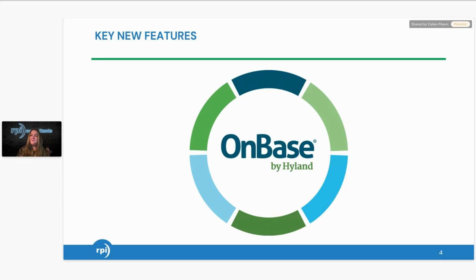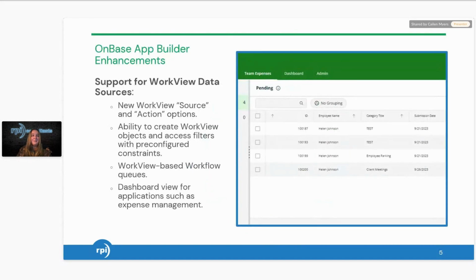Let's get started with some of the key features in OnBase 24.1. OnBase App Builder and its enhancements. Support for WorkView data sources. This adds support for WorkView data sources to the OnBase App Builder for partners and customers to create and deploy modern-looking applications that combine both content and data sources.